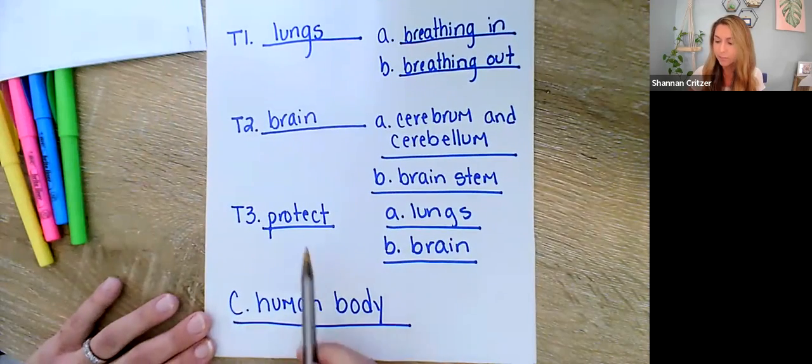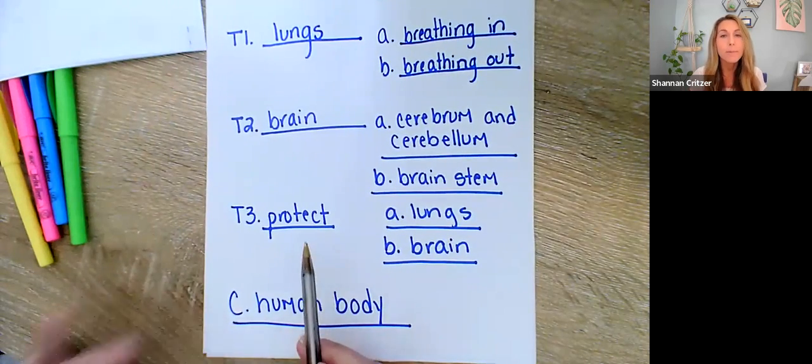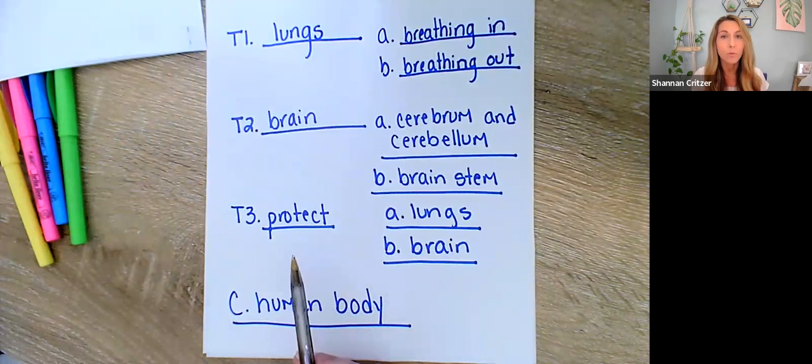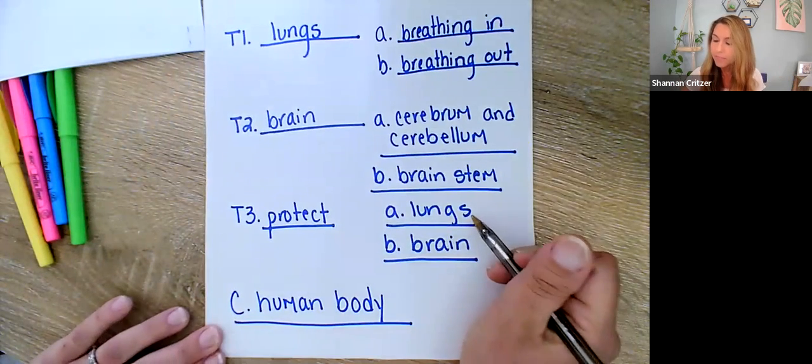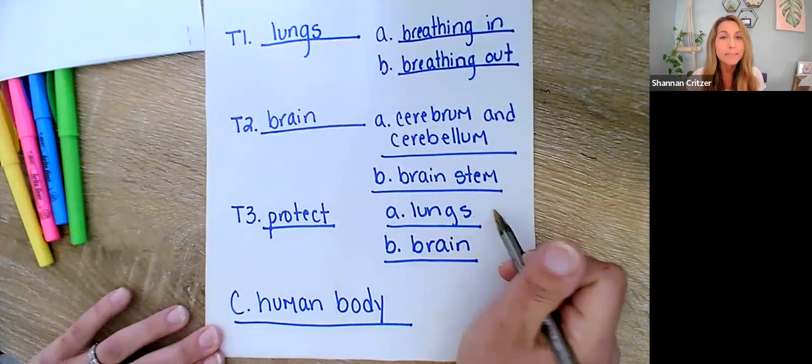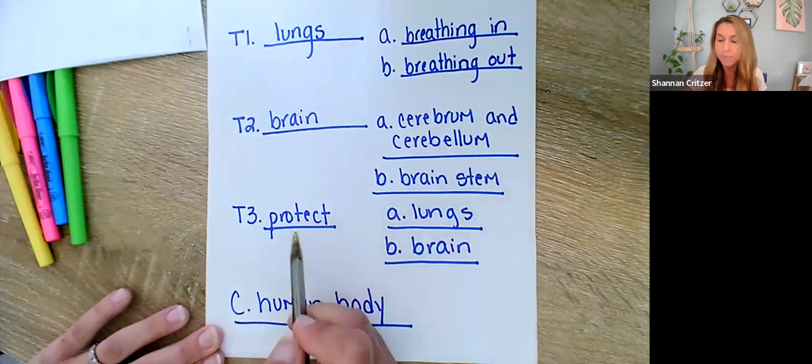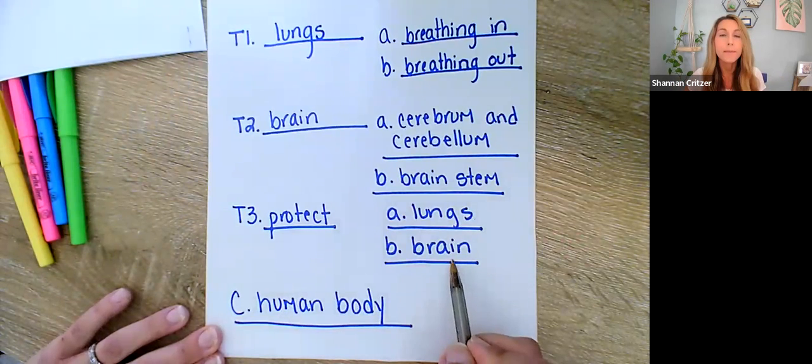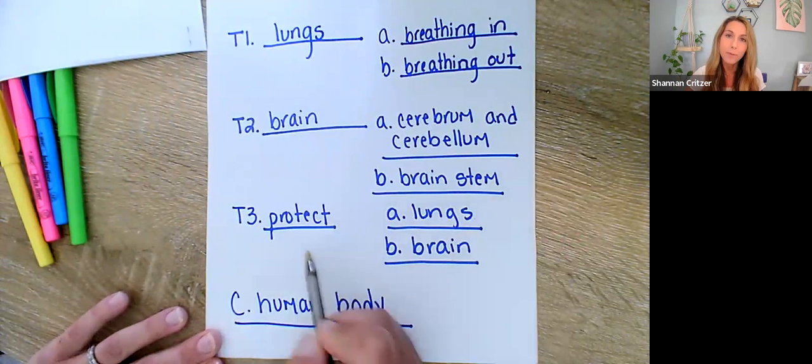Finally, we come to T3, our third main topic, which is about how important it is to protect these organs in our body, how to protect the lungs and the brain. The A subtopic is going to be details and examples of how we protect the lungs. And your B subtopic are going to be details and examples about how we protect the brain.